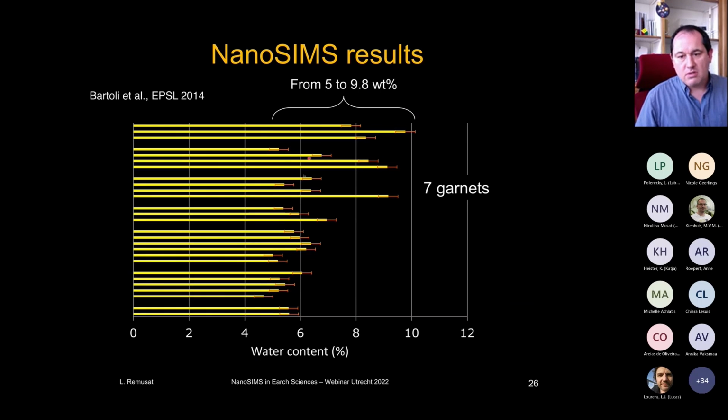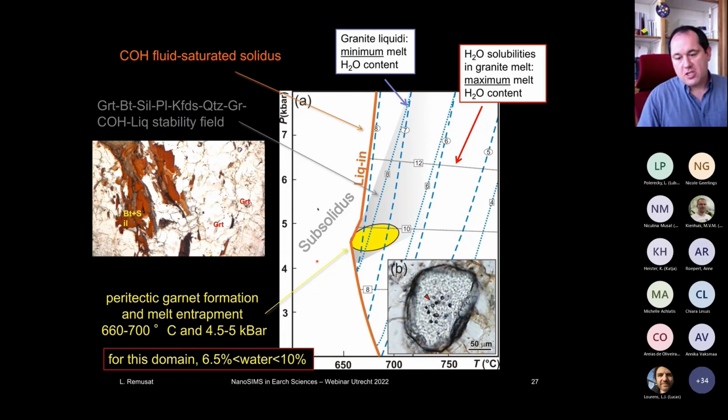An example of the results we get: we get water percentages. We have here rocks that are rich in water, and they are leucogranite rocks. What we do with these numbers is put this data in pressure and temperature diagrams, which are typical of metamorphic petrology. I'm not going into detail for non-geologists, I'm sorry, but here you have different lines corresponding to phase transitions, and you see that those phase transitions are influenced by the water content or other elements like carbon.